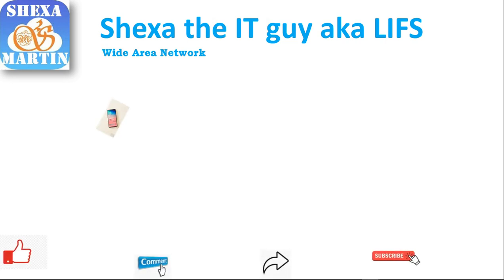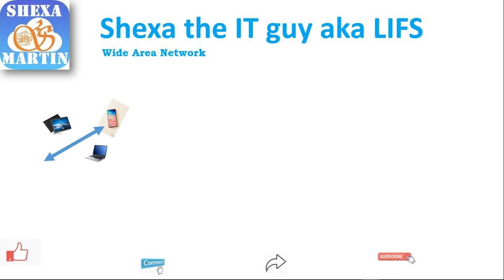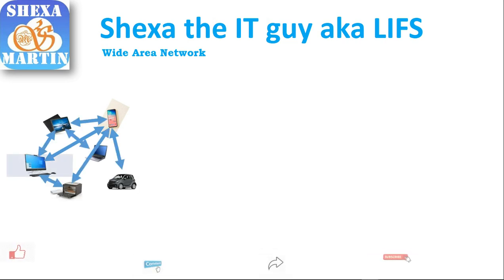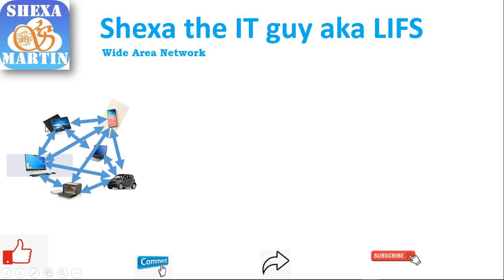Let's look at the wide area network. We have these devices connected to each other, like that. This network, this one, is what we saw as the CUIT local area network. It does not have internet because it's not connected to any other network. When we have a network connected to another network, that's when we have a network of networks.